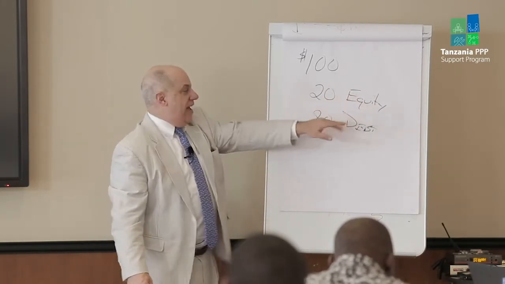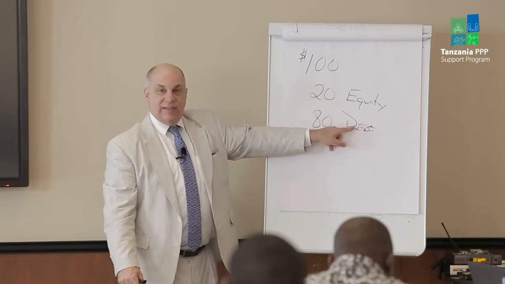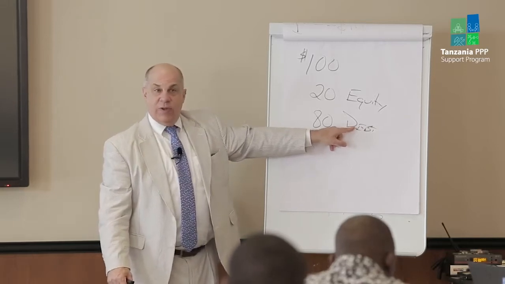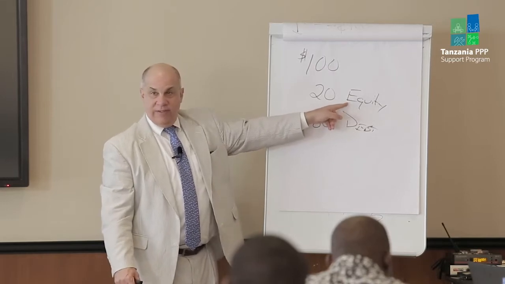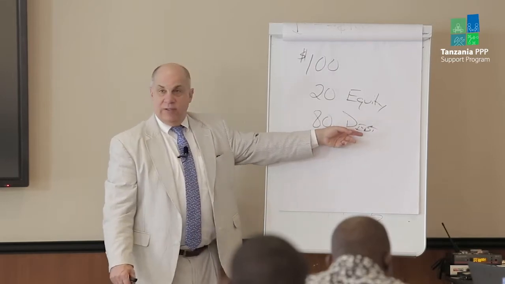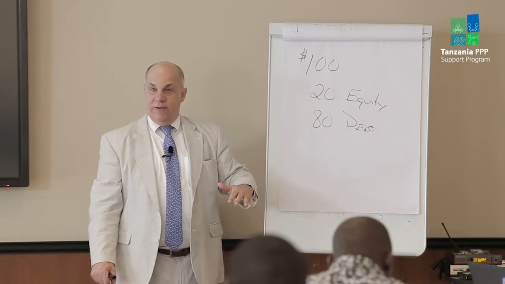What he said was that the debt has less risk, and it has less risk because they're going to get paid before the equity does. So less risk, lower interest rate, okay?